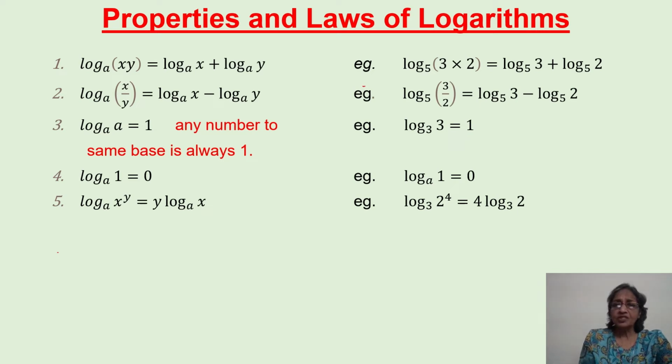Now this is an important property here. If you look at this, you have log of x raised to y. Now your x raised to y is an index number. So log of x raised to y to the base a. What happens here?